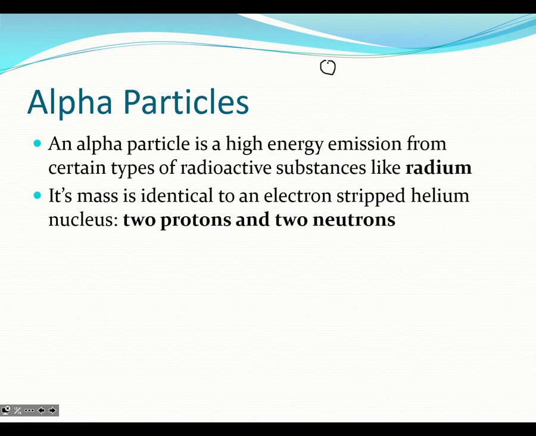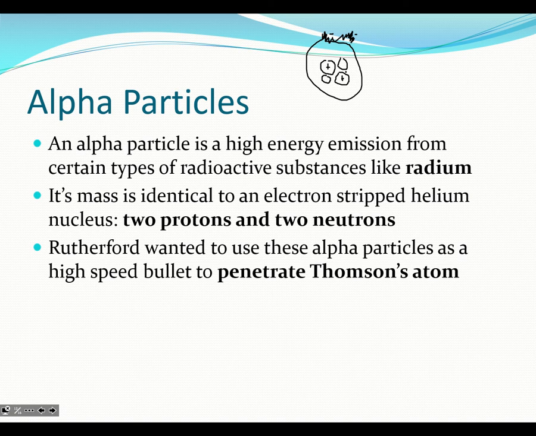So helium has 2 protons and 2 neutrons, right? And a helium atom would also have 2 electrons as well. What an alpha particle is, well, we get rid of those electrons. It doesn't really change the mass because electrons have such a small mass, and that's what alpha particles are. They're just a helium nucleus.